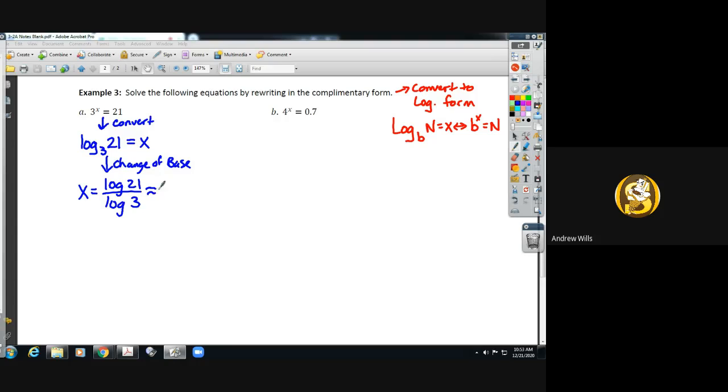That would be 2.7712. So that 2 would tell us to round down, and we would give the answer that x is approximately 2.771.